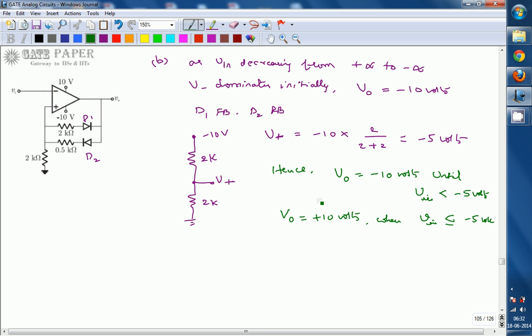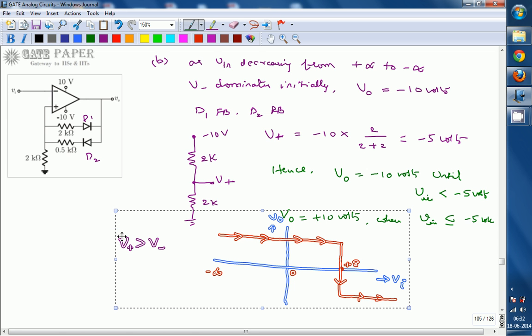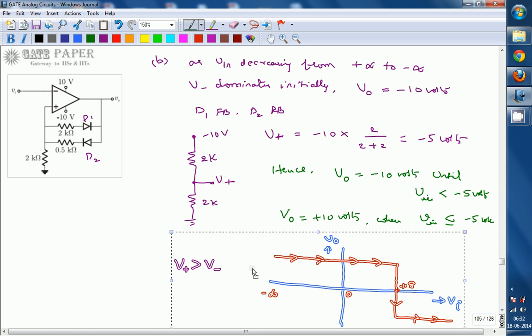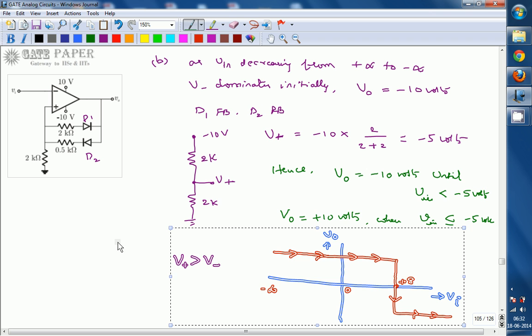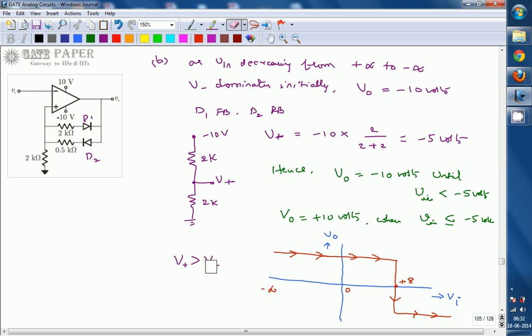Now we can draw the transfer characteristics. V input is decreasing from plus infinity, and the output voltage will be at minus 10 volts only, until it reaches minus 5 volts.